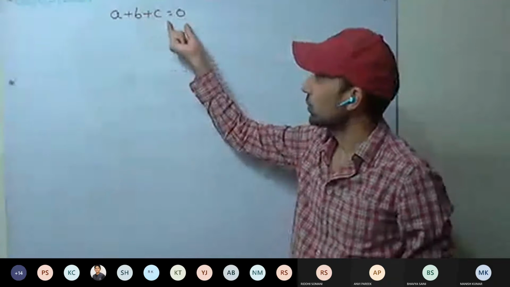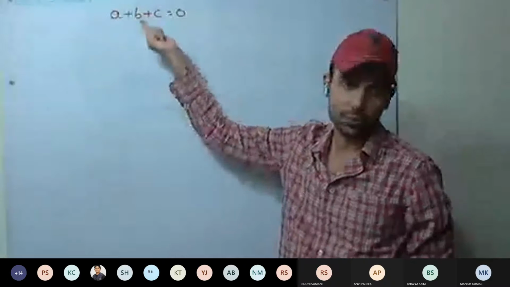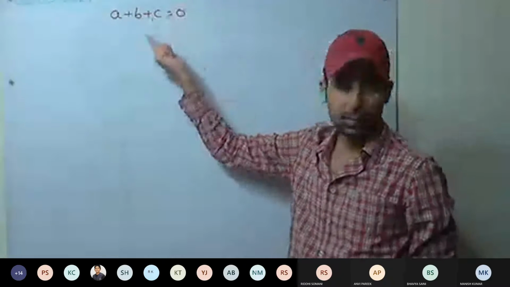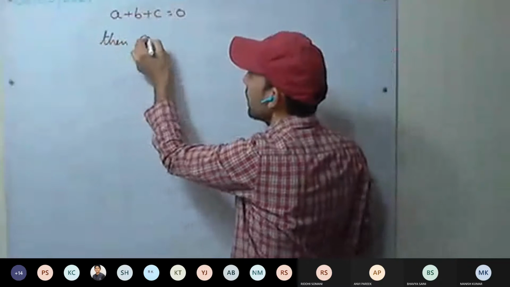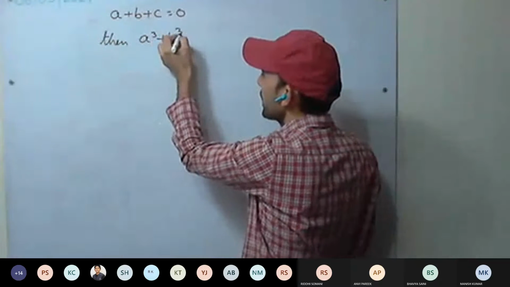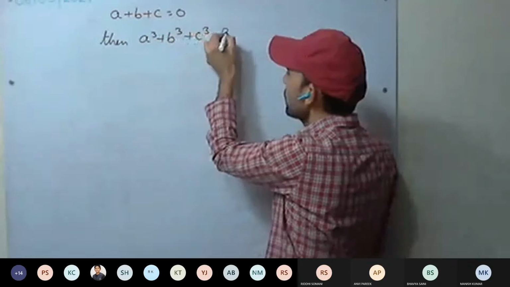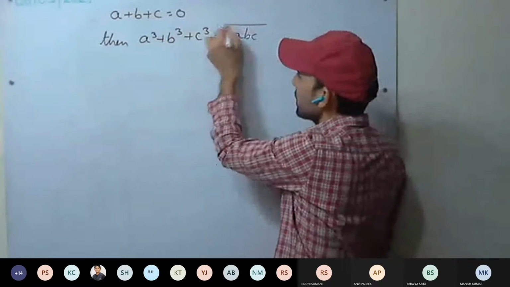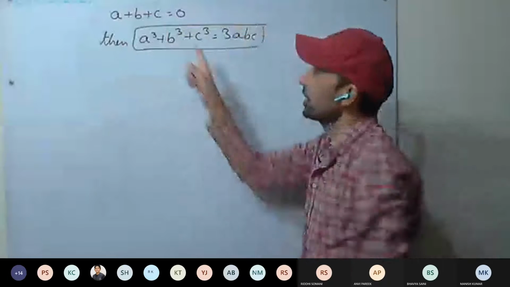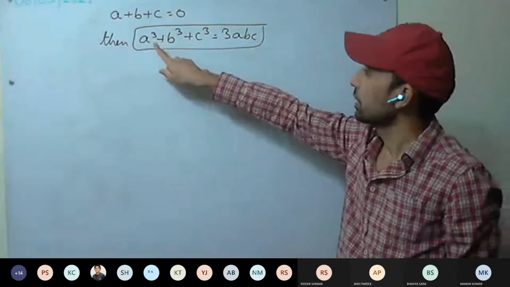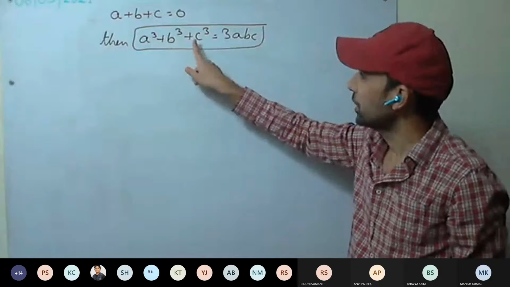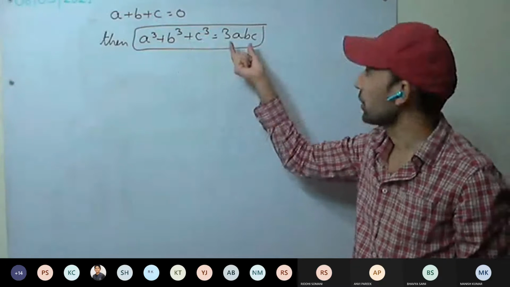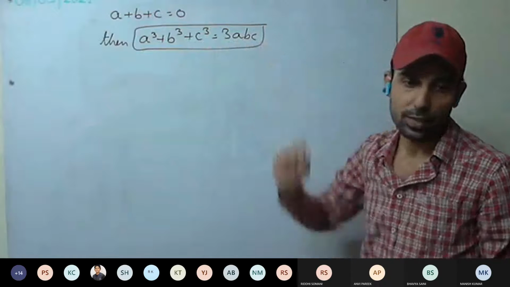If for those values this equation is satisfied, then A cube plus B cube plus C cube equal to 3ABC. Its value is equal to 3ABC.